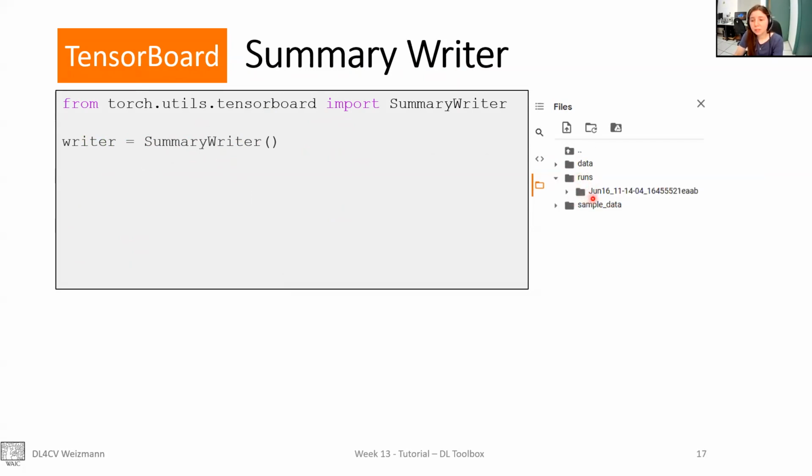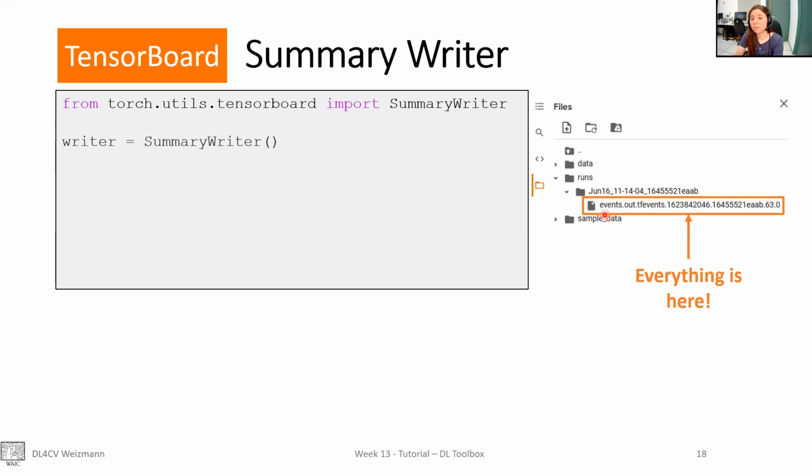And within this directory, it creates a subdirectory that defines the current run that you're doing, the current experiment that you're running. And within this directory, it holds a file named events.out.tfevents, which contains everything that you're going to log with TensorBoard that we will soon see in the following slides. So actually, everything that we're logging is saved to the disk.